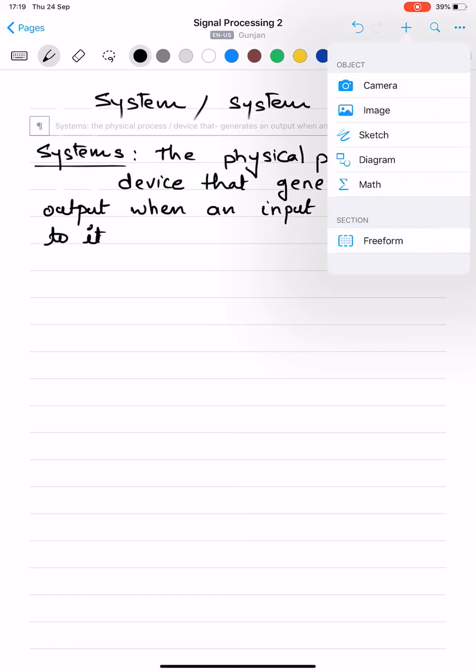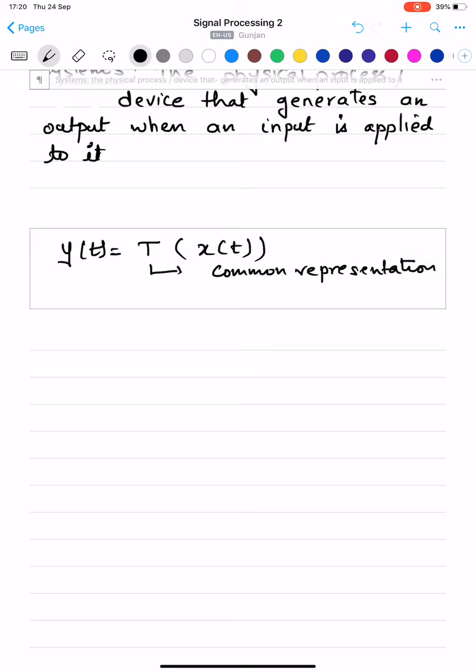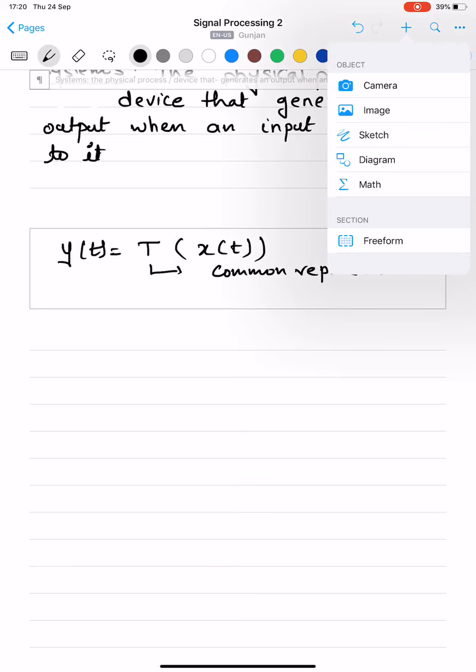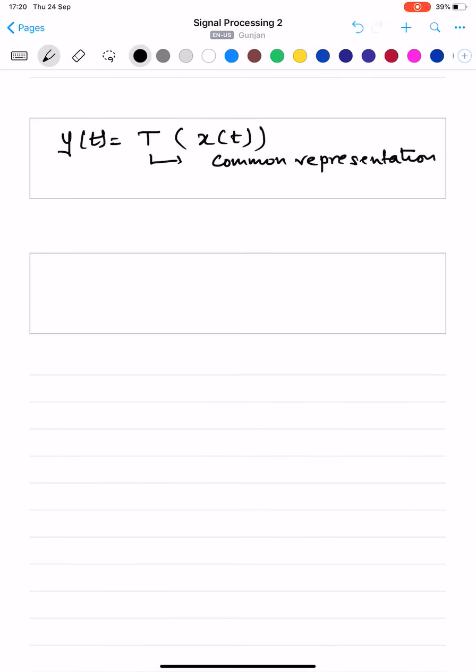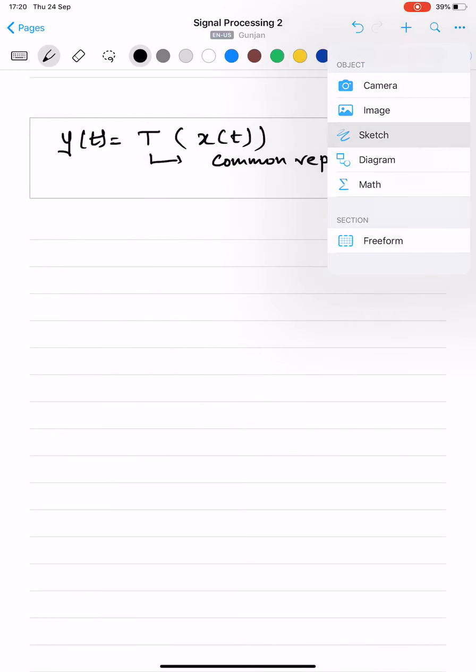In the form of an equation, if we have to denote a system, it's something like this: y(t) equals T[x(t)], it depends upon x(t), where T is used as a common representation of the system in terms of an input-output relation.